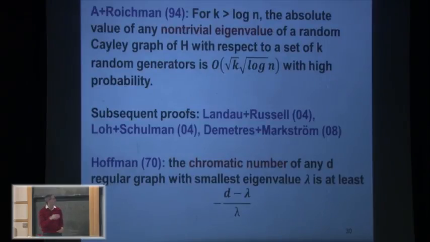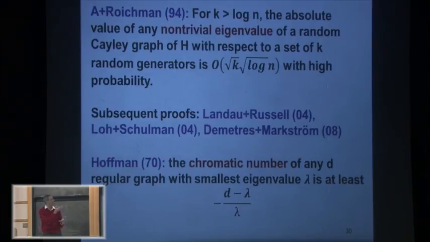The simplest is to use again this paper with Reuschmann that I mentioned at the beginning. What we showed there is the following: for every k which is bigger than log n, if you look at the eigenvalues of a random Cayley graph of H with respect to a set of k random generators, then for every d-regular graph the largest eigenvalue is always equal to d.